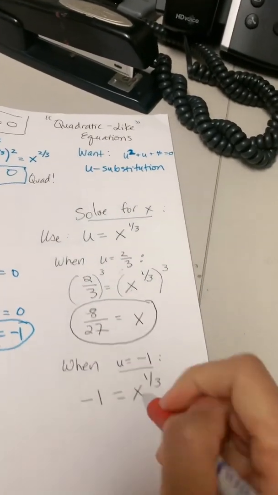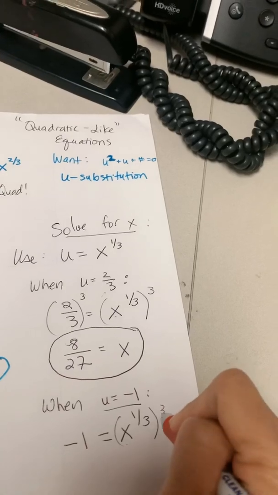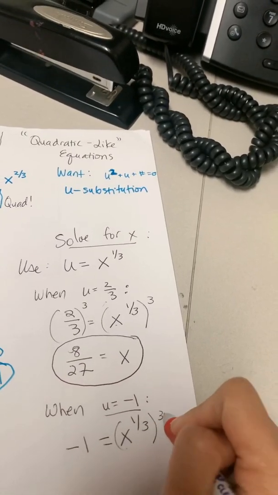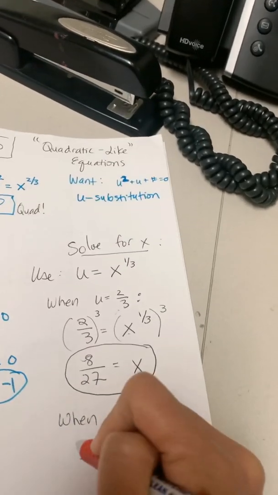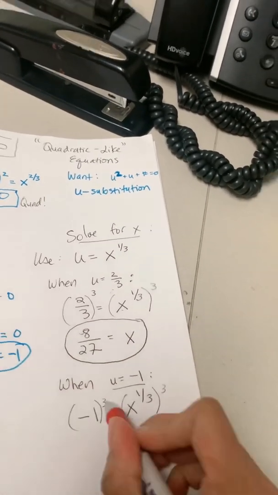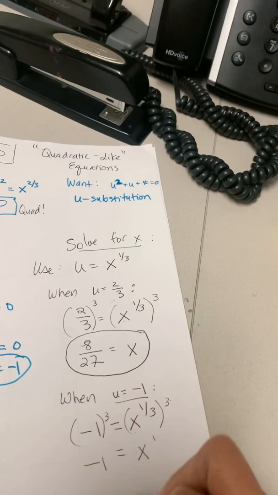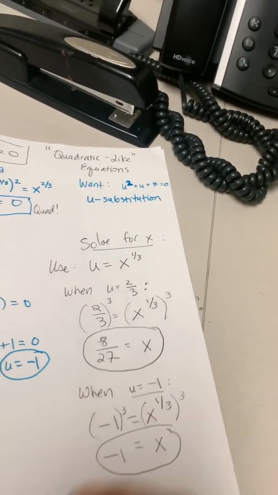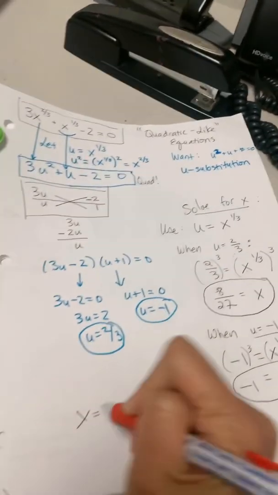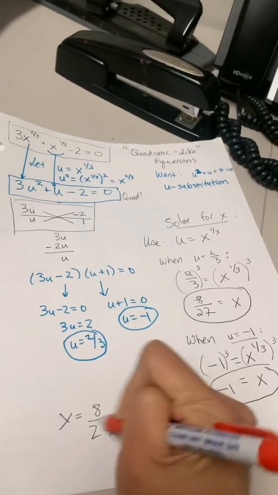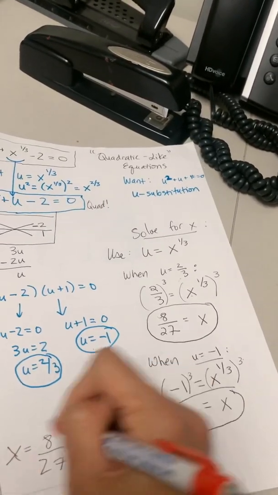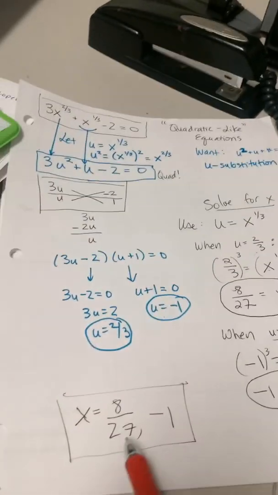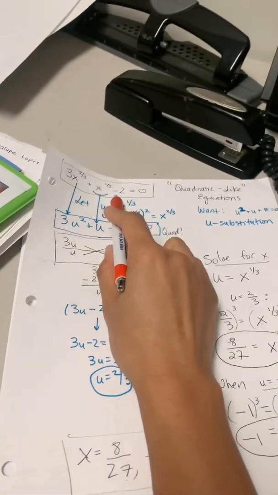I'm going to raise both sides to the 3rd power. 1/3 times 3 just gives me 1, and -1 to the 3rd power is just -1. So my final answers are x is equal to 8/27 and also -1. Two answers. And if you want to check your work, you could plug them back in to make sure that this equals 0.